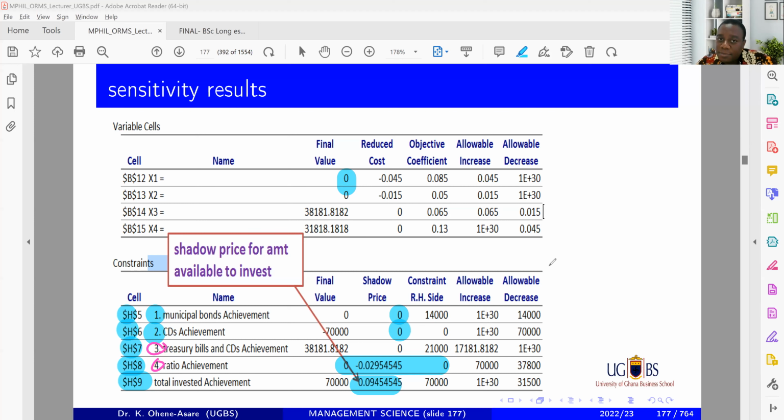Yes, I have a question. Okay, go ahead. So when you were asking about which constraint was binding, and then we later on said that the ratio achievements also were binding constraints, I just want to confirm, I thought we said that for a constraint to be binding, the shadow price should be positive.